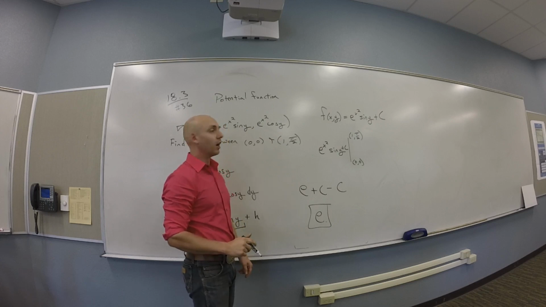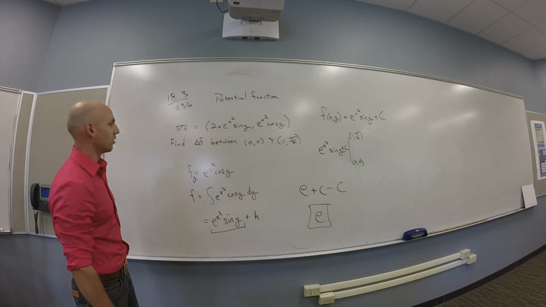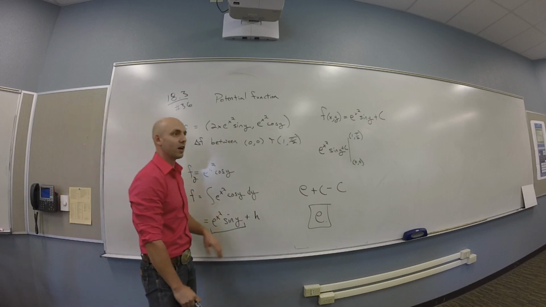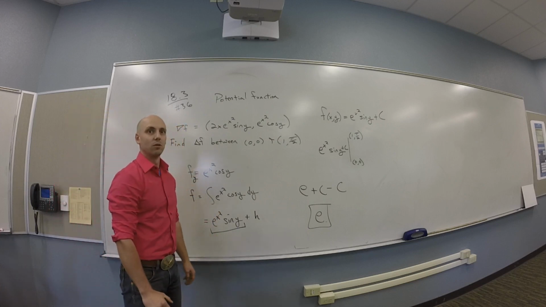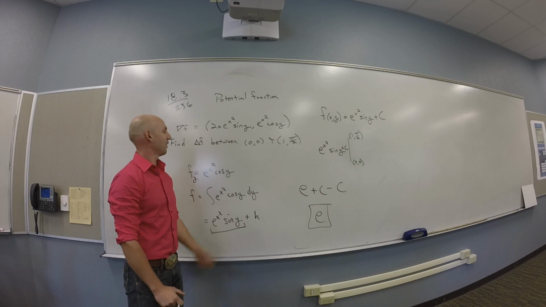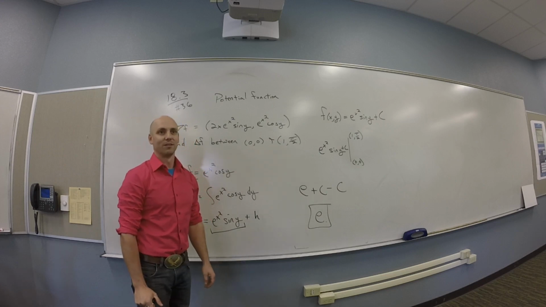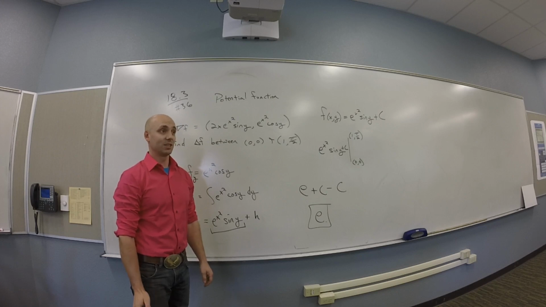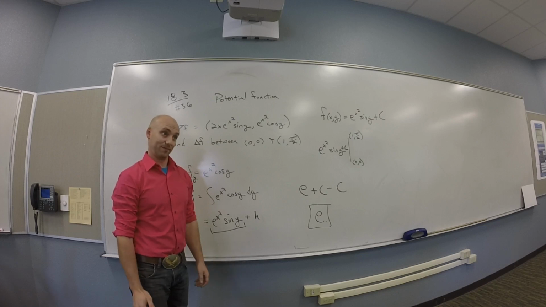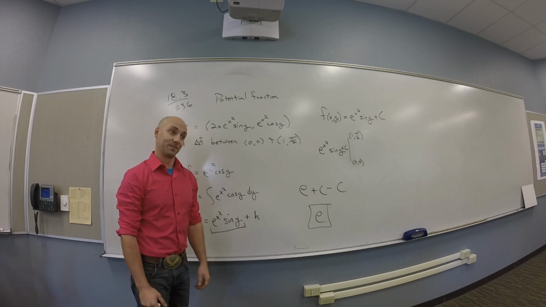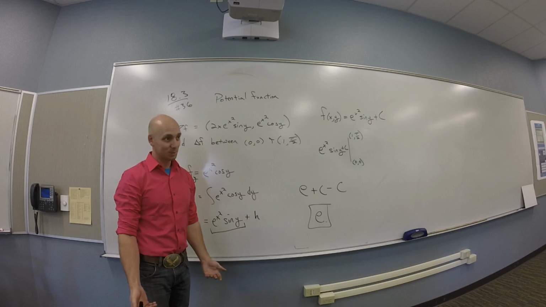All right, and to work the line integral, if you were going to do the other half of this problem, what path do you pick between 0, 0 and 1 comma pi over 2? It doesn't matter, because it's conservative, and thus path independent.